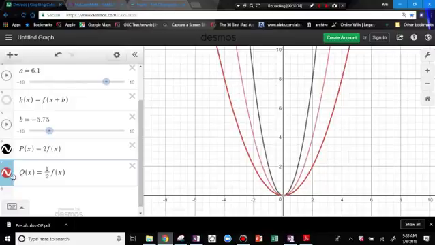I'm now cutting the y coordinate in half. All those y coordinates I cut in half. That means this needs to come down here. That's like widening it, right?